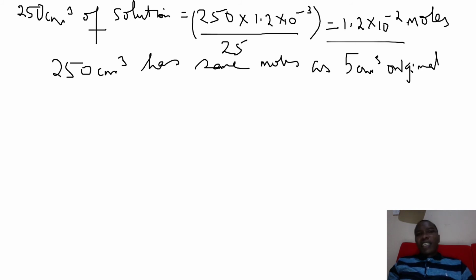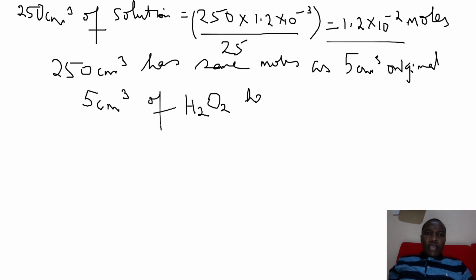Allow me to write it just like that, but I think you're getting what I'm trying to mean. If that is the case, it means that the 5 centimeters cubed of the same hydrogen peroxide solution has 1.2 times 10 to the negative 2 moles. How about if it is 1000?